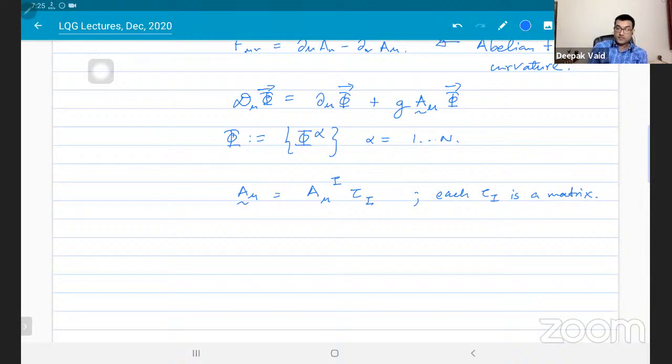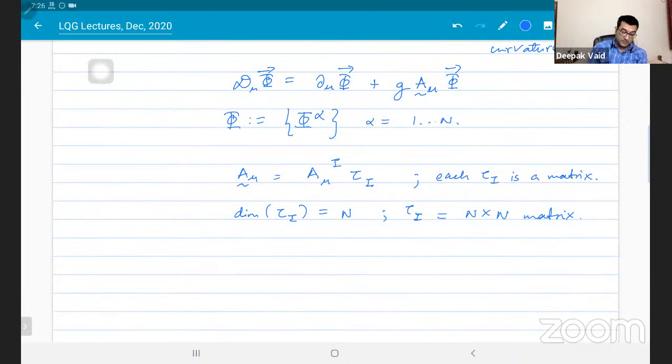Since I'm in the fundamental representation, tau i is an n by n matrix. For example, if I'm talking about SU2, my tau i's are just my Pauli matrices. They're 2 by 2 matrices.